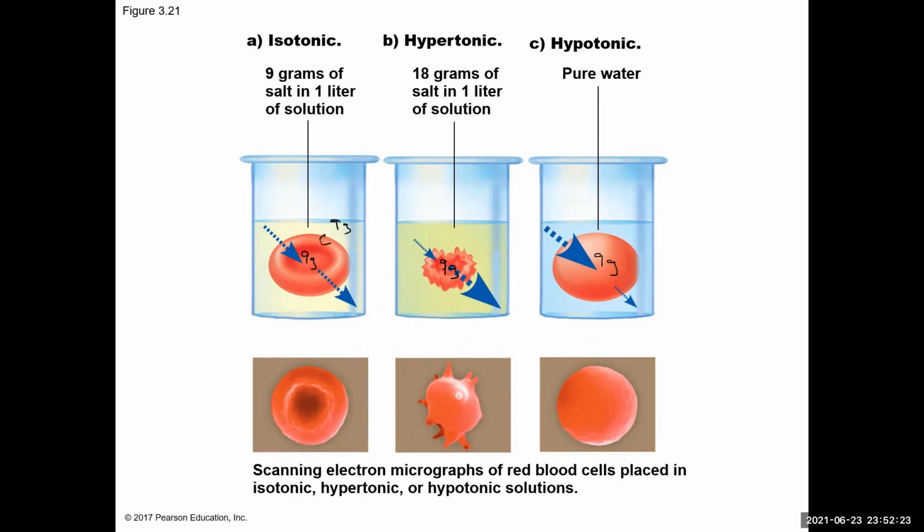So it's isotonic. Now, if the cell has 9 grams and the beaker has 18 grams, then the beaker water is hyper. The cell water is hypo. Okay? So that means that it's going to lose water to the external environment. If it's pure water, it has very little salt, and so the cell has more salt. So now the cell is hyper, and the water is hypo, and the cell is going to take in water, and so it could swell and burst. Okay.